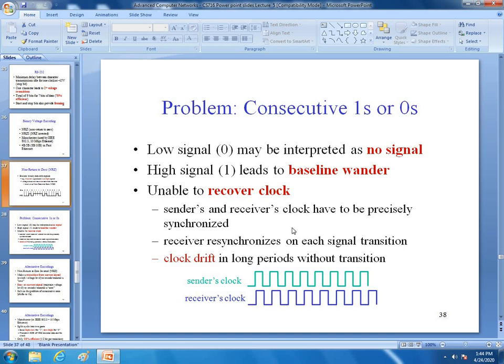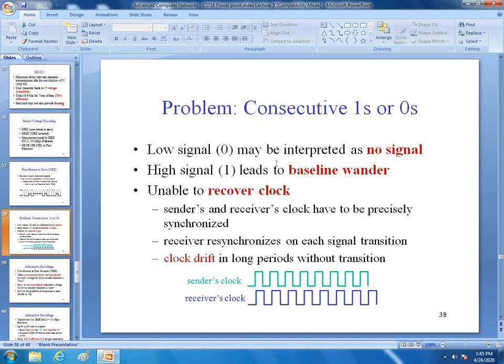The NRZ scheme is normally used with serial port communication. However, most of the problems in digital encoding schemes are associated with non-return to zero. The third problem is the inability to recover the clock.